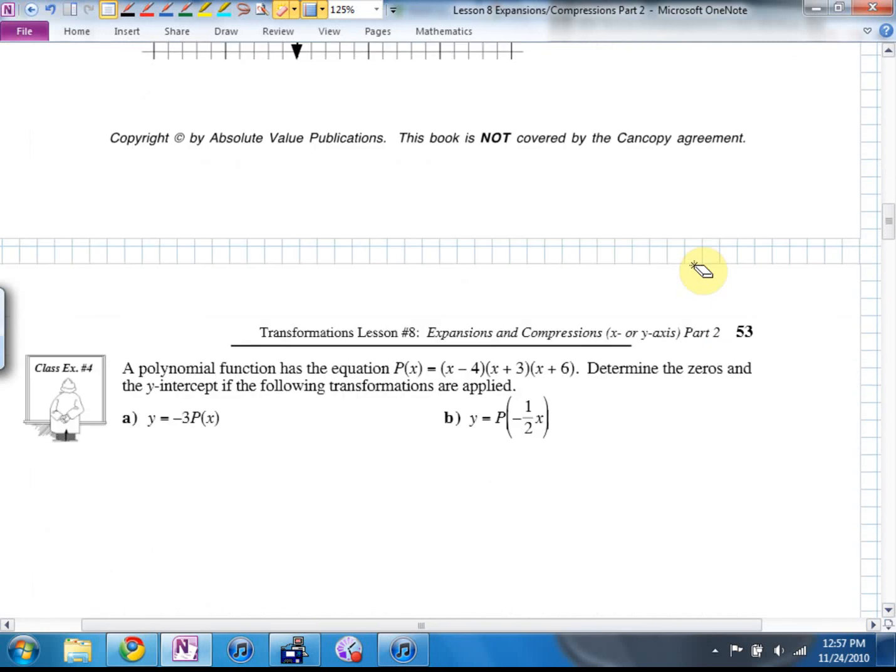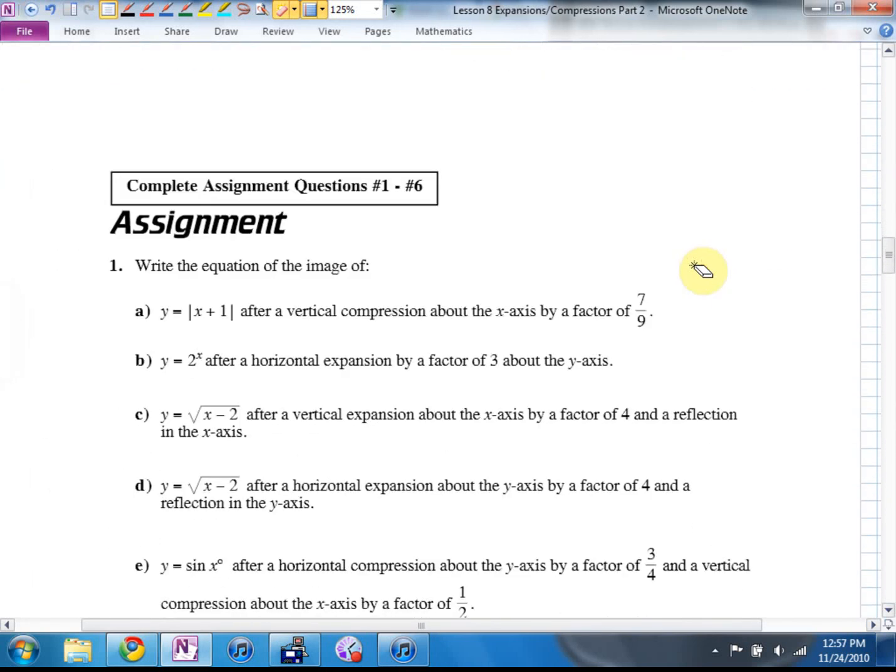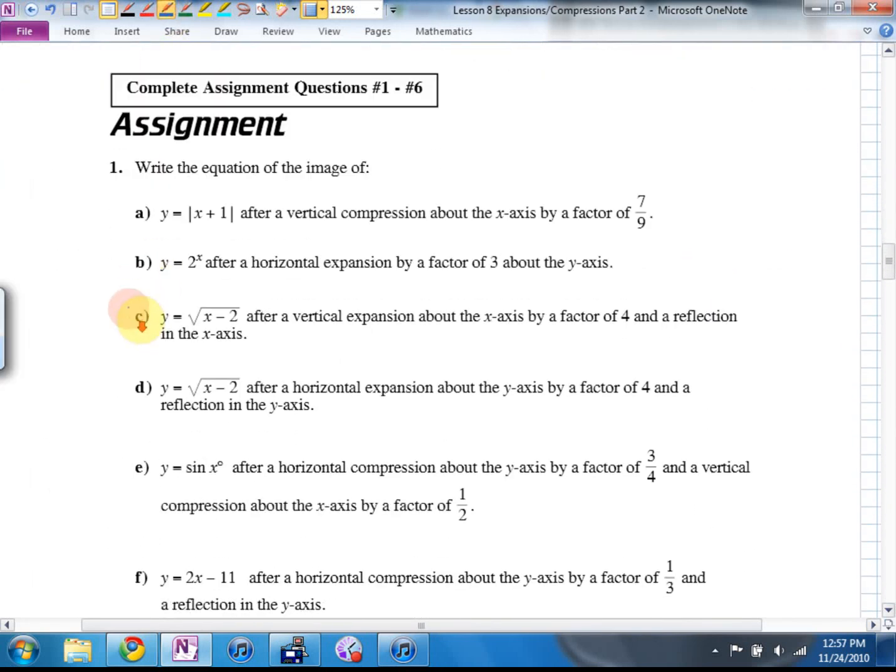Try number 1. But you know what? Nuke G and H on the next page.